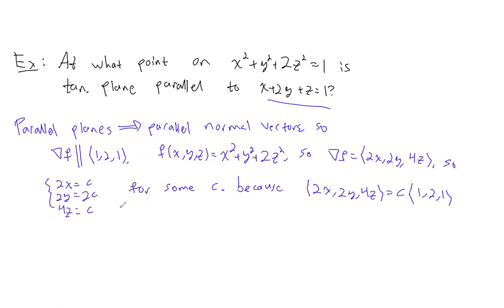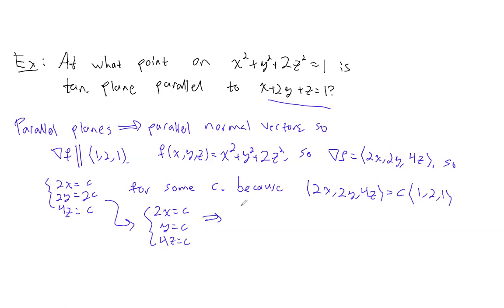Okay, well that tells us a couple things. That tells us, for one thing, that y equals c. So we've got 2x equals c, y equals c, and 4z equals c.